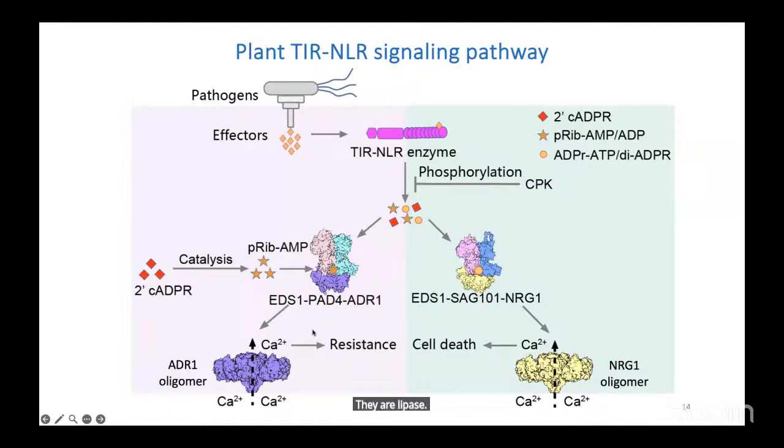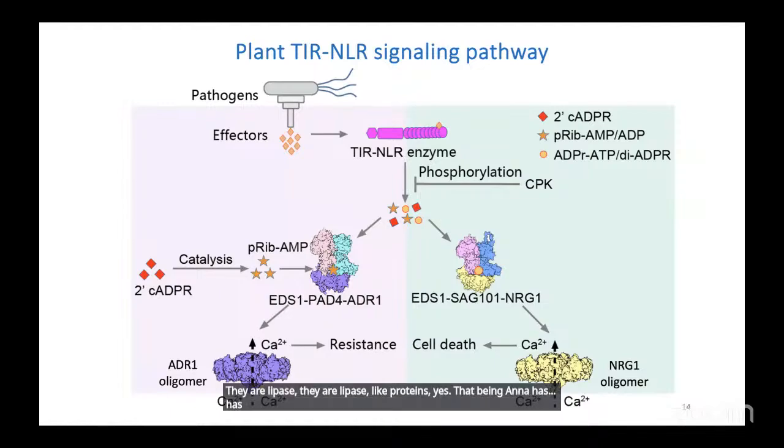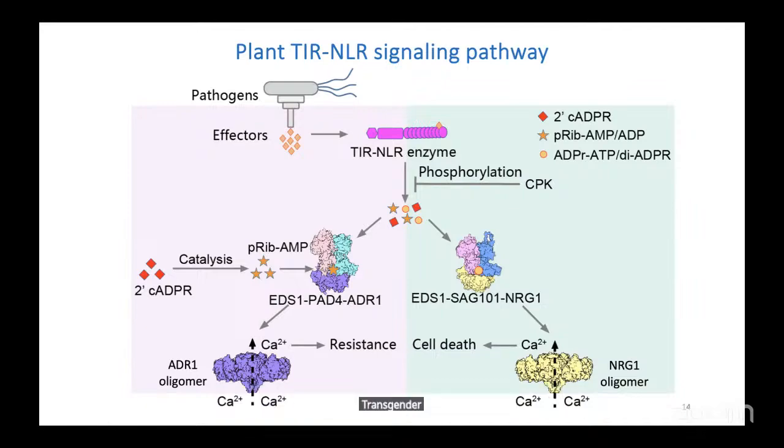They are lipase-like proteins. Yes, they have a very conserved active site. But so far, I think some genetic studies from Jane showed that the lipase-like activities of EDS1 and PAD4 are not required for resistance when they made the transgenic complementation lines.